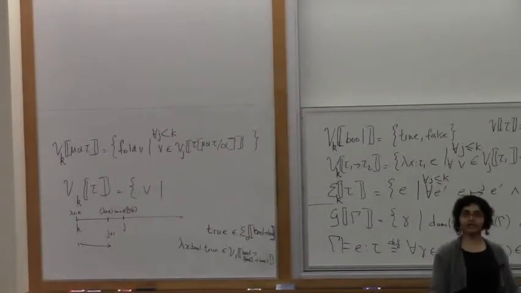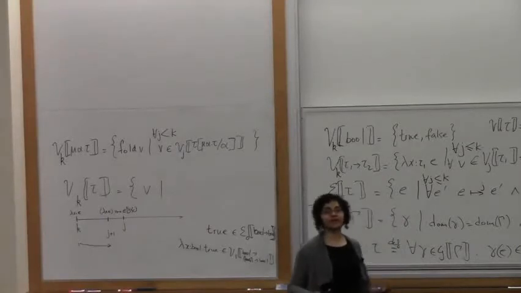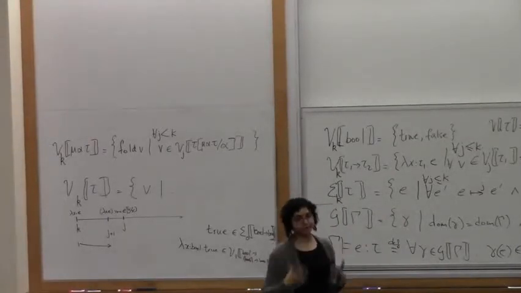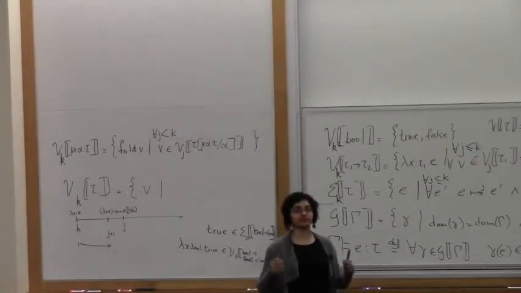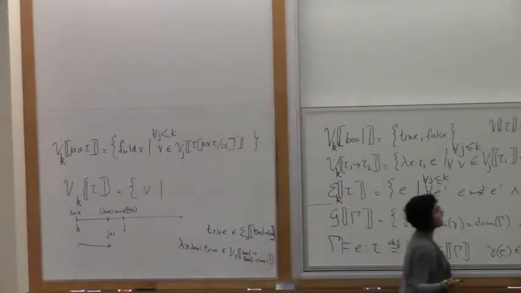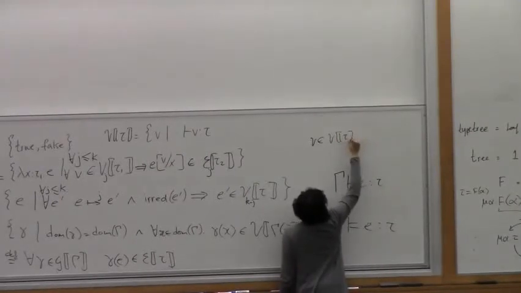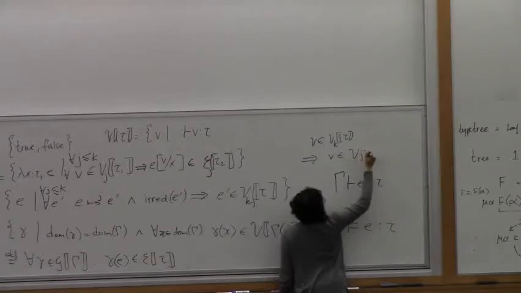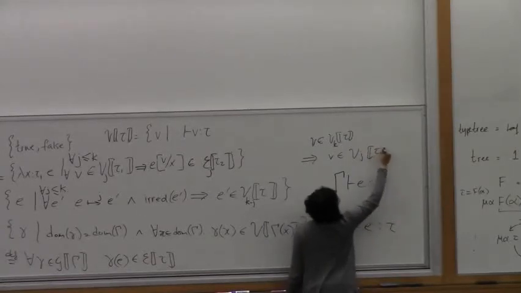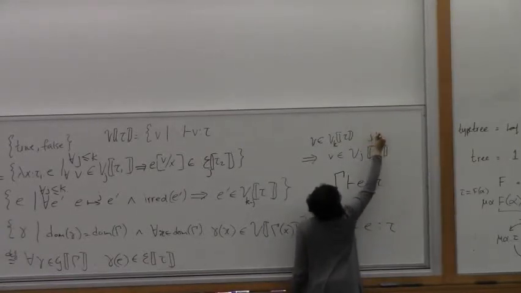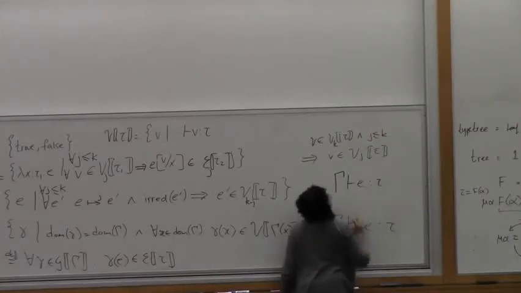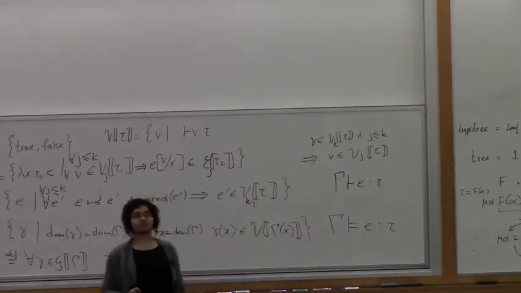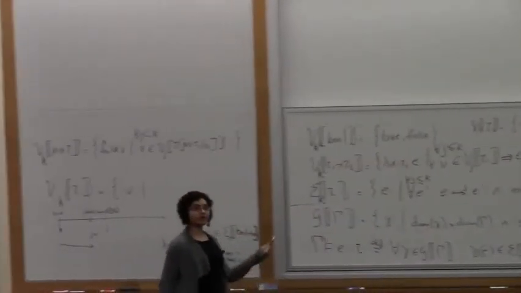Yes, because I said up to, right? And that intuition is captured by a lemma called, the type interpretations are downward closed, or it's a monotonicity property. Anytime we have V belongs to V tau for k steps, we have to be able to prove that V belongs to type tau for j steps for any j less than or equal to k. You can call it types are downward closed or monotonicity. We're going to have to prove this lemma.